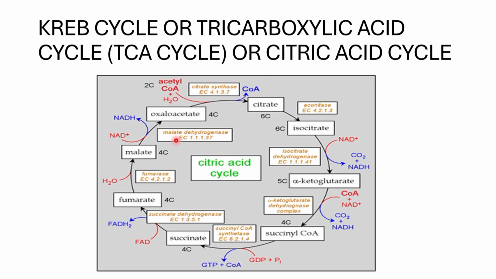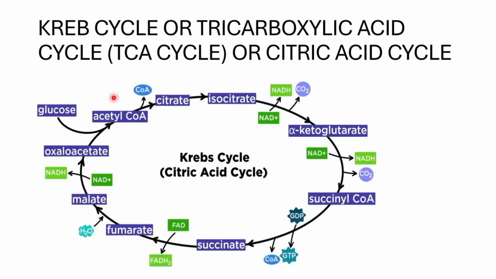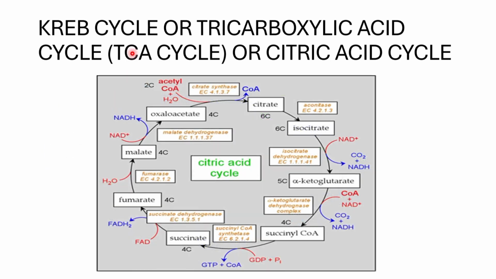That's why we purposely call it a cycle. It goes round non-stop. Okay, so now let's look at some things here. We have NAD plus to NADH 1, NAD plus to NADH 2, and then we have 1 GTP, and then 1 FADH2, and then 1 NAD plus here.